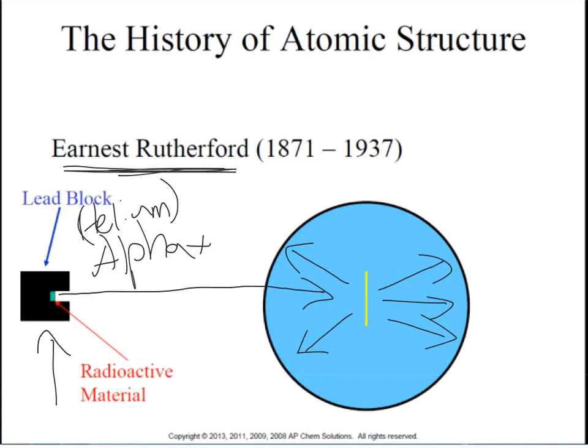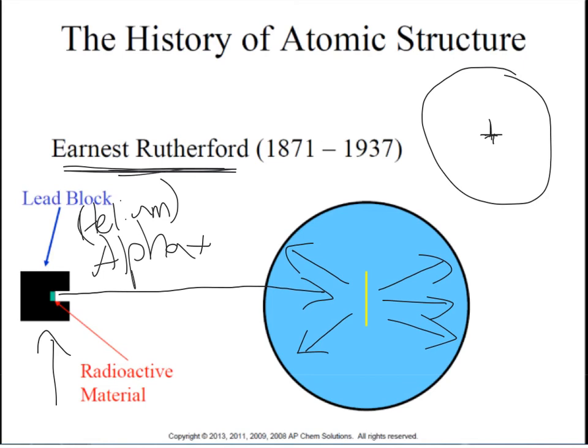Now what this led Marsden and Rutherford, who took most of the credit, to conclude was that an atom was a space with a very small positively charged solid nucleus in the middle.